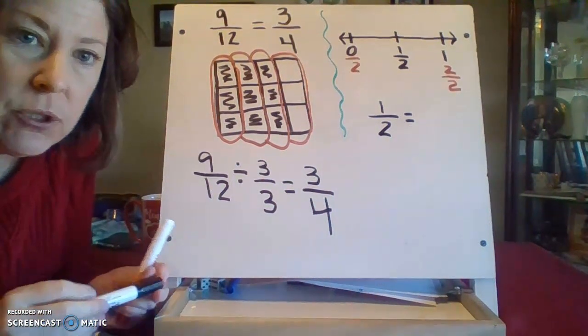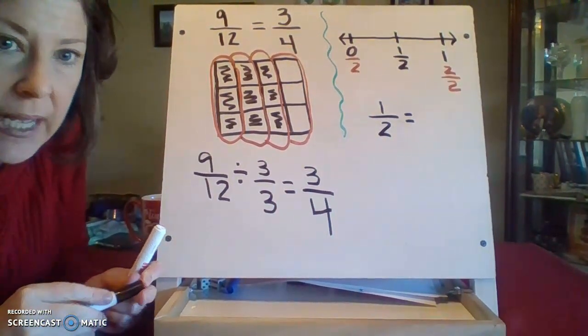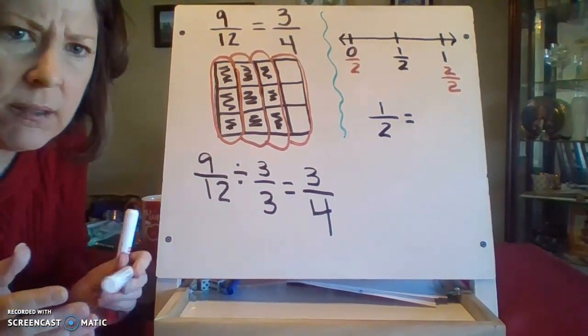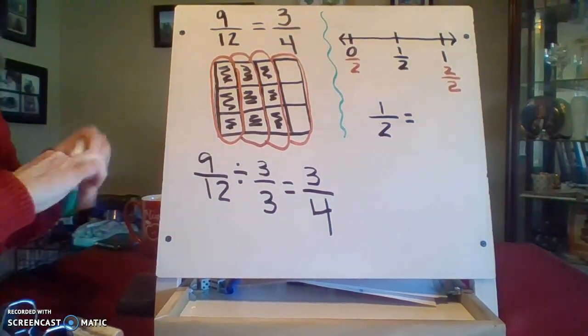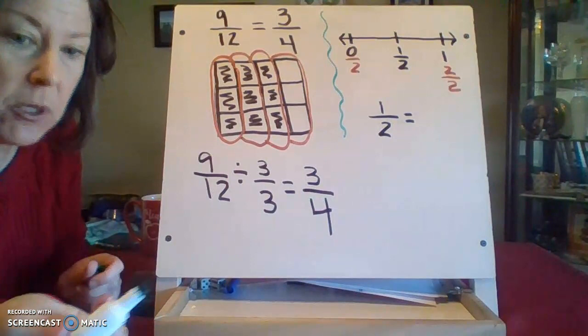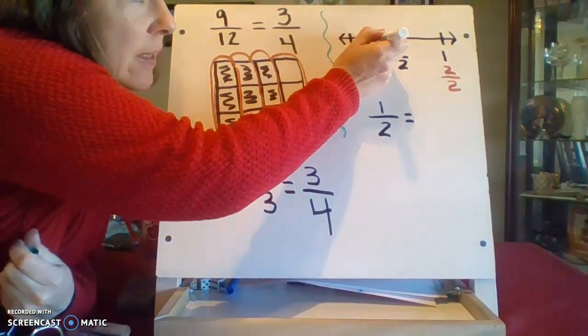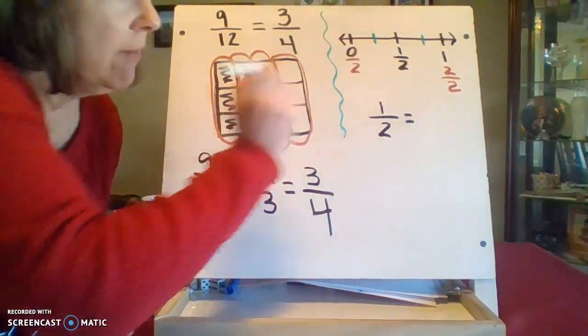So what I want you to do on your number line is we're going to cut each half in half. So we're changing our halves to fourths, and I'm going to do that with my green marker. So I'm cutting each half, here's 1/2, in half, and this other half in half.